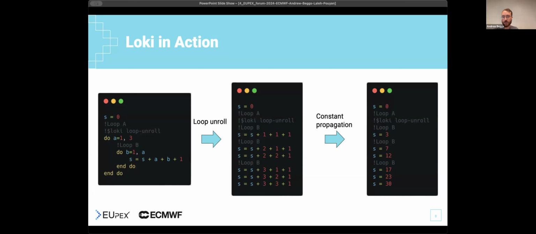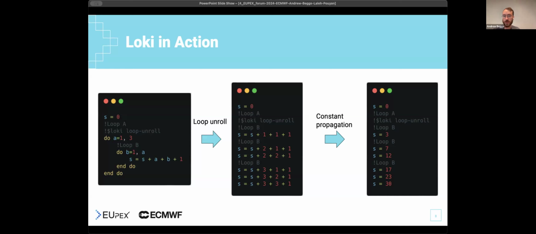It can then apply constant propagation to this source file, and then simplify it even further. And as well, with this use case, I've manually said that S is 0 for my accumulator. But I don't necessarily need to do that.